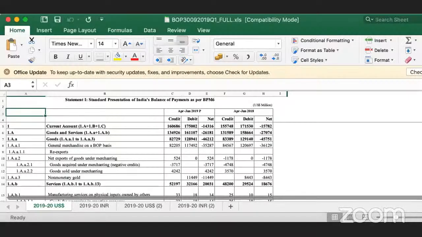It's open and hiding somewhere. Am I sharing now? Yes, sir.